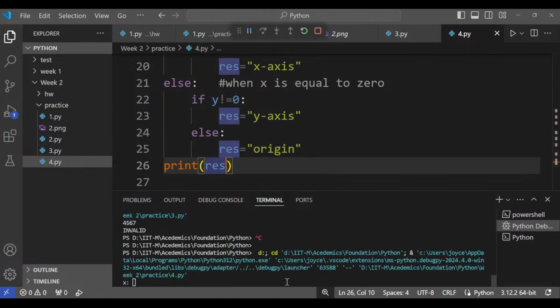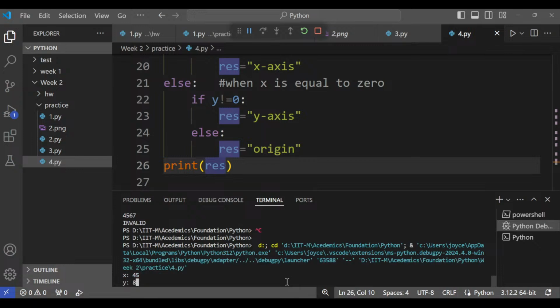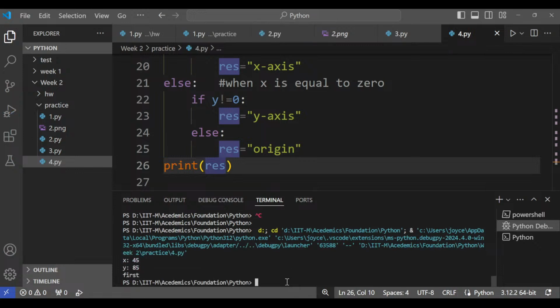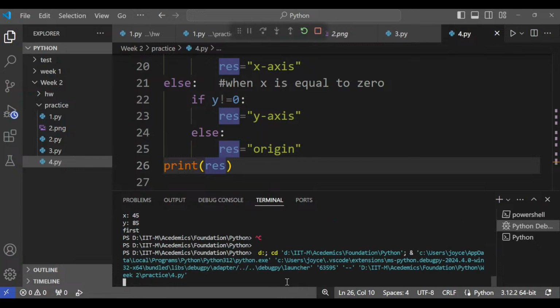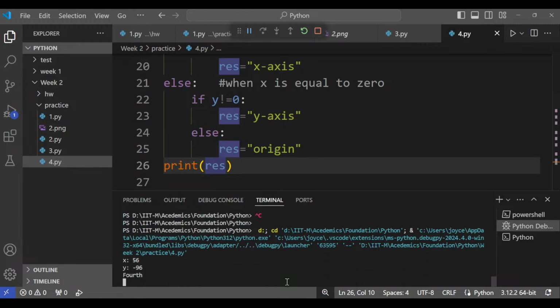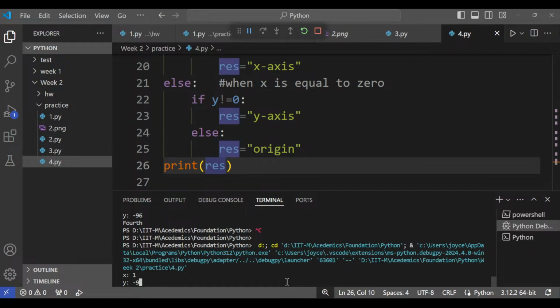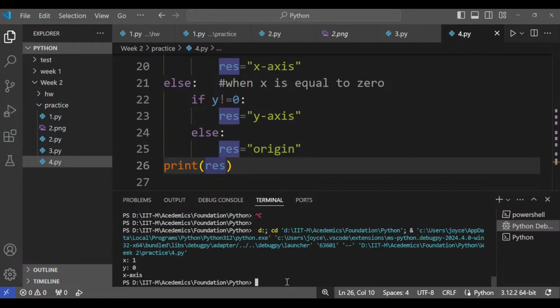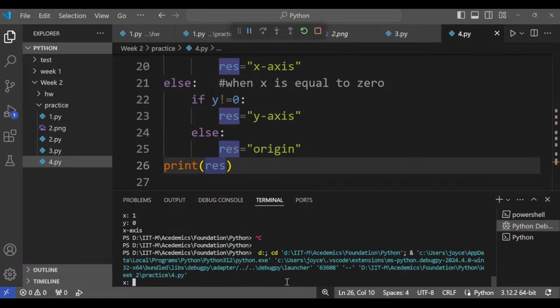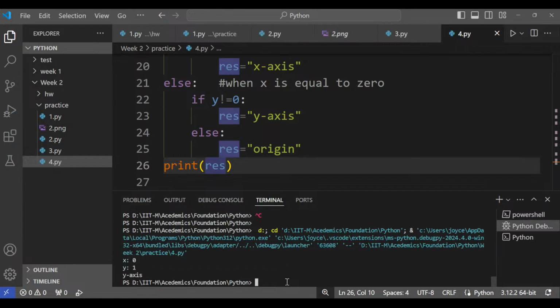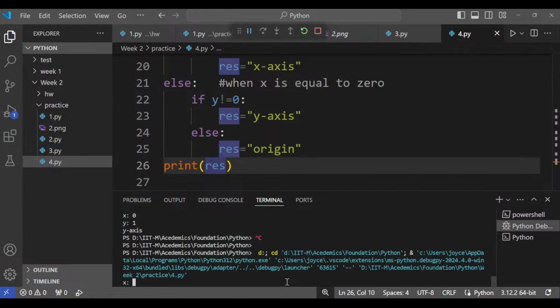So suppose I enter the x value as 45, y value 85, first quadrant, yes. Next 56 and minus 96, fourth quadrant, yes, that is right. 1 and minus 1 and 0, x-axis, right. 0 and 1, y-axis, right.